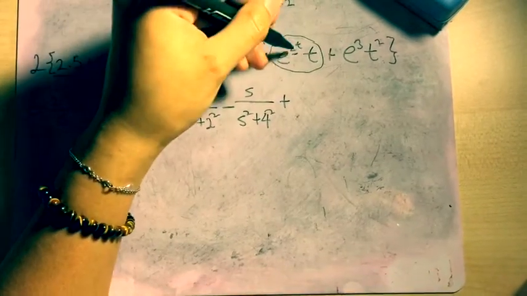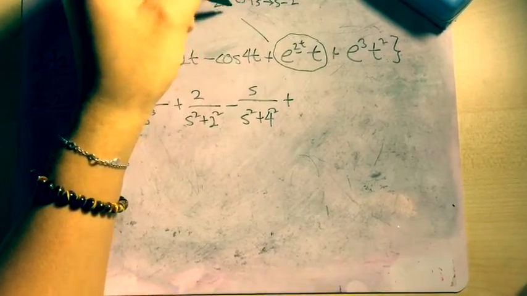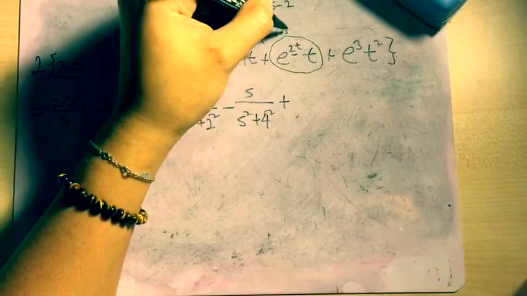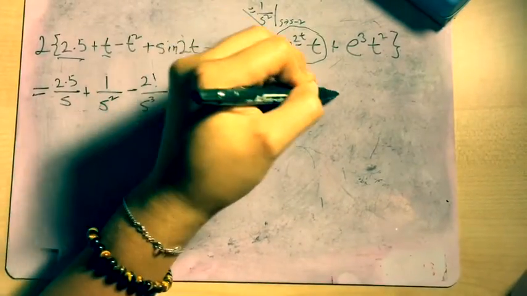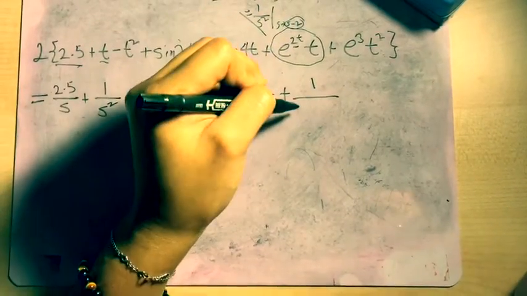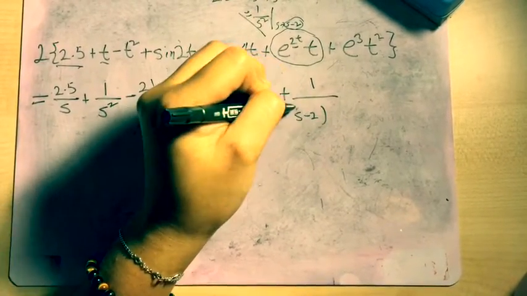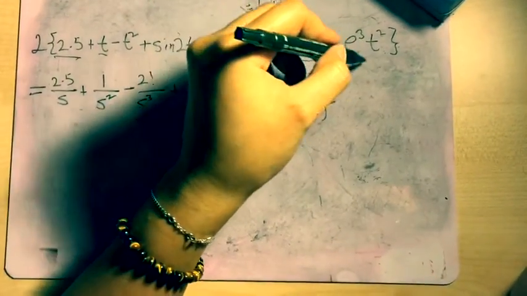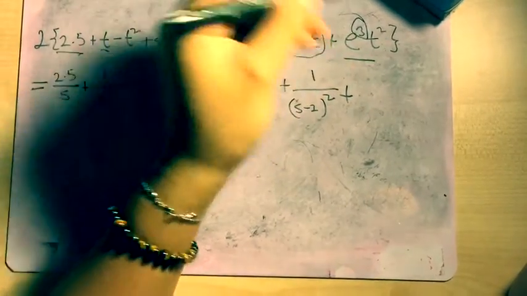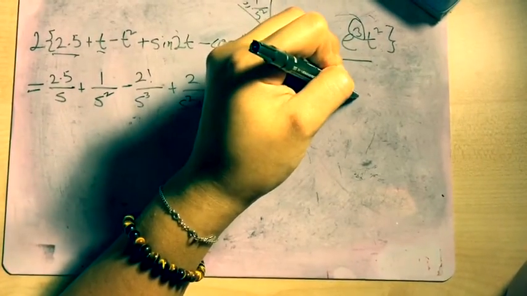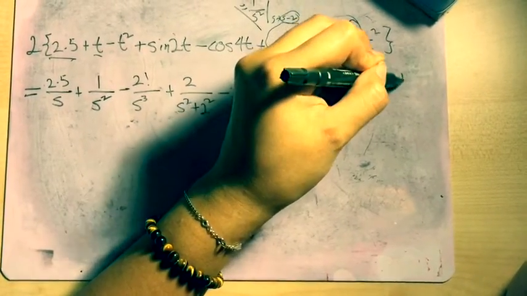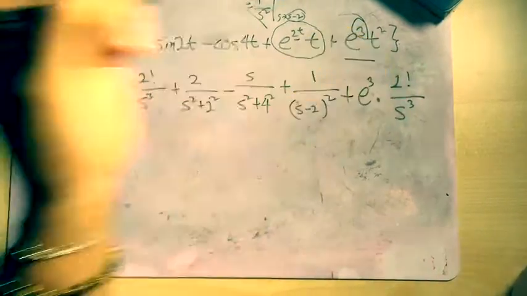It will always be s minus the constant there. So that would equal 1 over s squared, letting s be s minus 2. So the answer will be 1 over, since we've let s be s minus 2, s minus 2 squared. Over here, there is no shift, so we would times it over here. So it will be e to the power 3 times t squared, which is 2 factorial over s to the power 3.